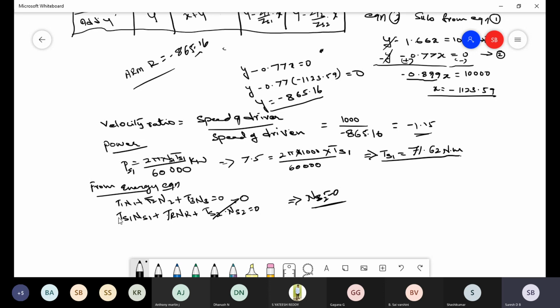Then TS1 you already know: 71.62 into the speed of the sun gear, 1000, plus the unknown TR, the torque produced by the ring gear R, and NR, the speed of the ring gear, minus 865.16 equated to 0, and you can find the value of TR.